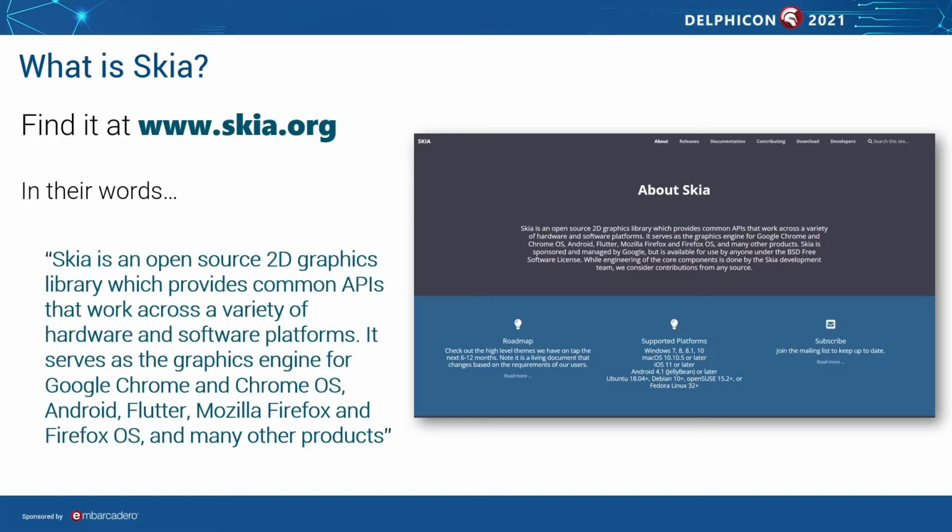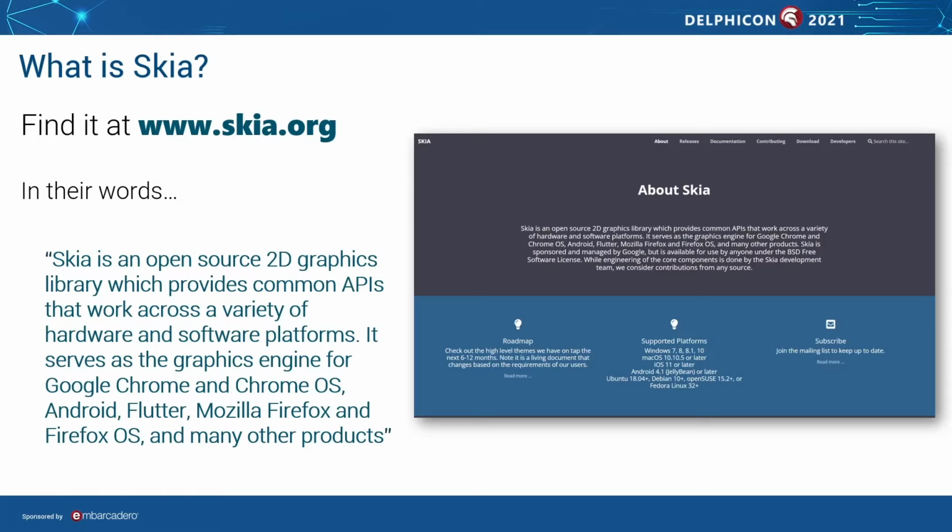I remote into my main development machine and do some development like that quite often. It can also be found on Android, Flutter, which is the low-code platform for creating some apps and things like that, Mozilla Firefox, and the Firefox OS, which is obviously not quite as well known.